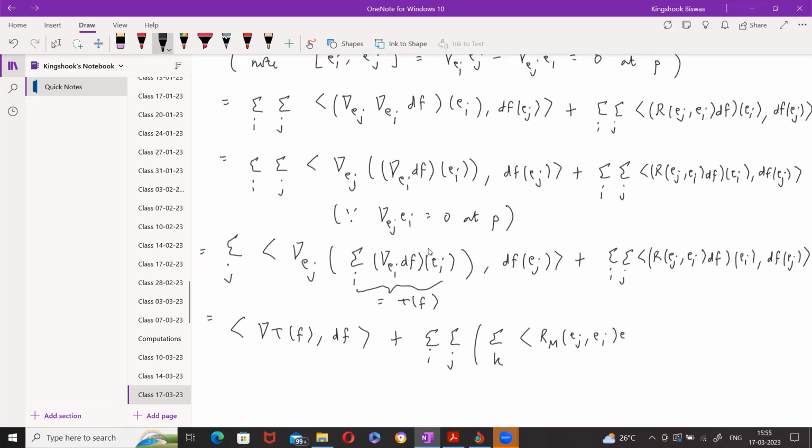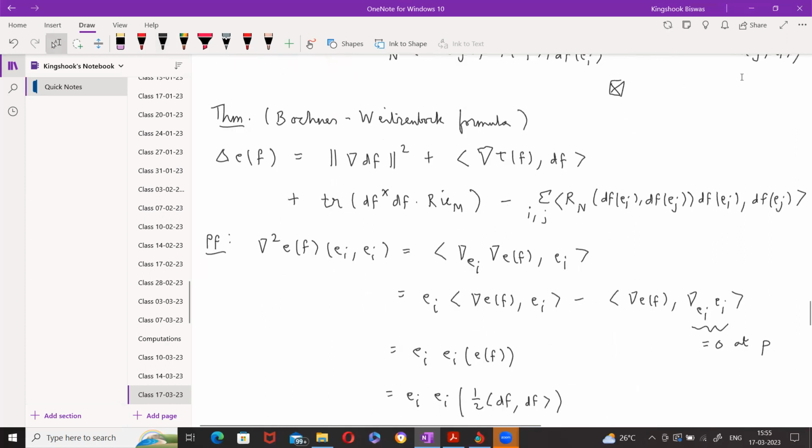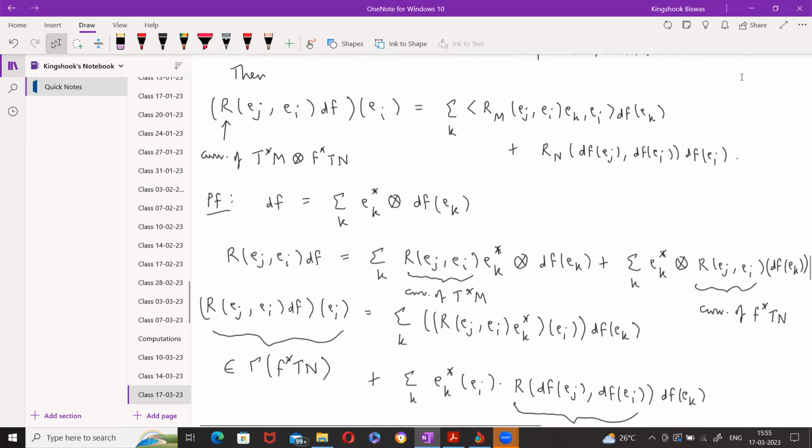No, what was it? Sorry, I've forgotten the formula. The lemma that we did, yeah. R EJ EI DF acting on EI. So this is the sum over K, right? RM of EJ EI EK EI DF EK, right? So that was the first term, and then there's this curvature term. Okay, fine. So EK EI and then DF EK, right?